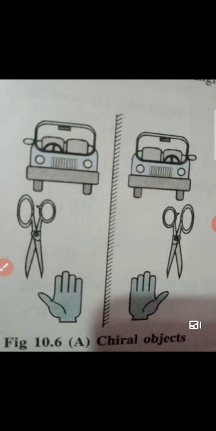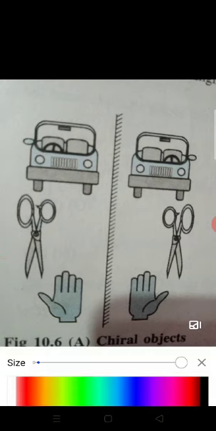See here, just like our hands. Our hands are also non-superimposable mirror images of each other, because when we put one hand onto the palm of the other hand, there is no symmetry. Hence, these are non-superimposable mirror images.